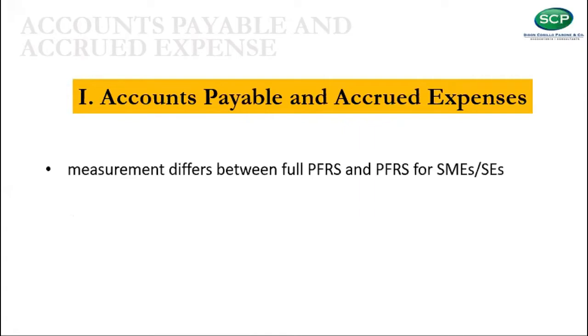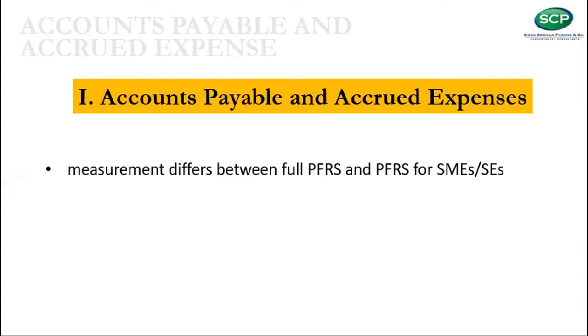The measurement of accounts payable and accrued expenses differs between full PFRS and PFRS for SMEs and small entities or SEs. Under full PFRS, accounts payable and accrued expenses are required to be initially measured at their fair value.